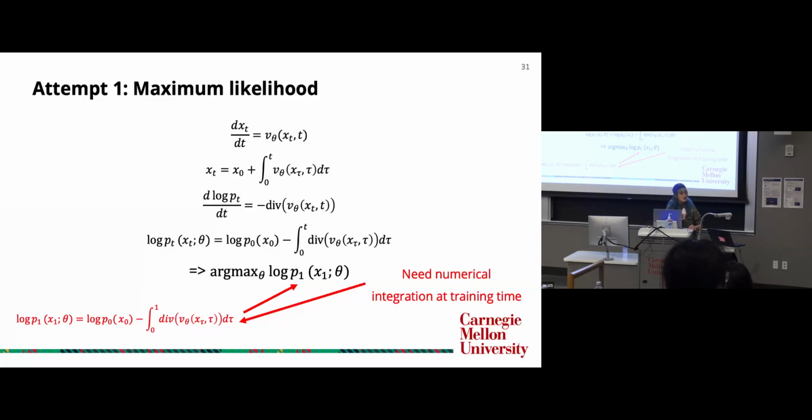Yeah? If we take the gradient of the left-hand side, we get a score, and the gradient of the right-hand side removes it, right? Even if you do that, the divergence is still pretty difficult to calculate. Okay, but what else? Yes.